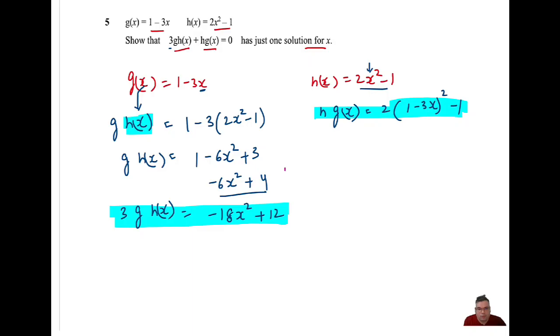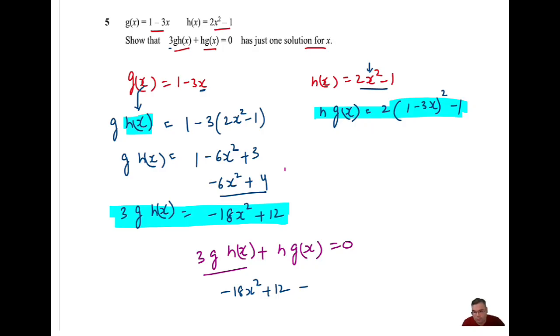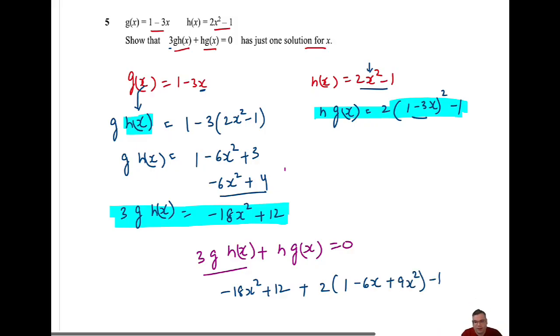Now let's write down the equation, 3gh(x) plus hg(x) equals 0, and substitute. This is minus 18x squared plus 12, plus 2 times 1 minus 3x whole squared. Let's open that: 1 minus 6x plus 9x squared, minus 1, right?